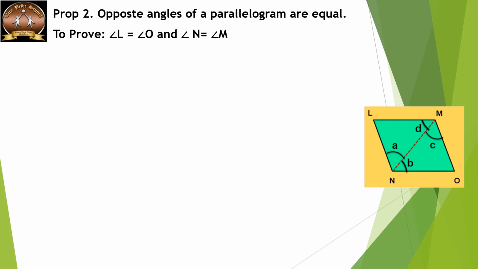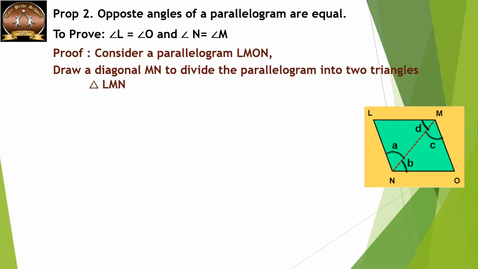So we will automatically get angle L equal to angle O, and we will also show that angle M is equal to angle N. So let us start with the proof. Consider a parallelogram LMON. Draw a diagonal MN to divide the parallelogram into two triangles, triangle LMN and triangle OMN.